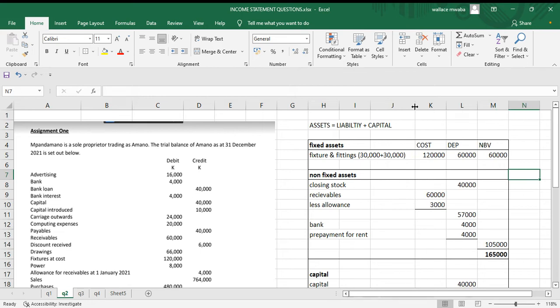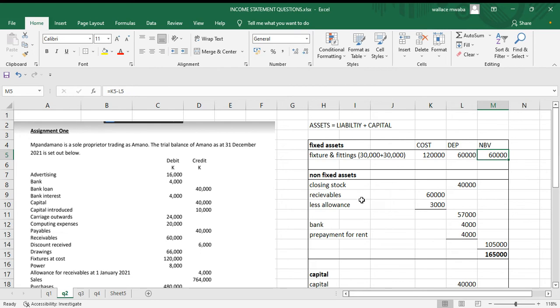So remember the net book value, or what's also called the carrying value. This is the value that comes when we subtract our accumulated depreciation from our cost. So 120,000 minus 60,000, we get 60,000.